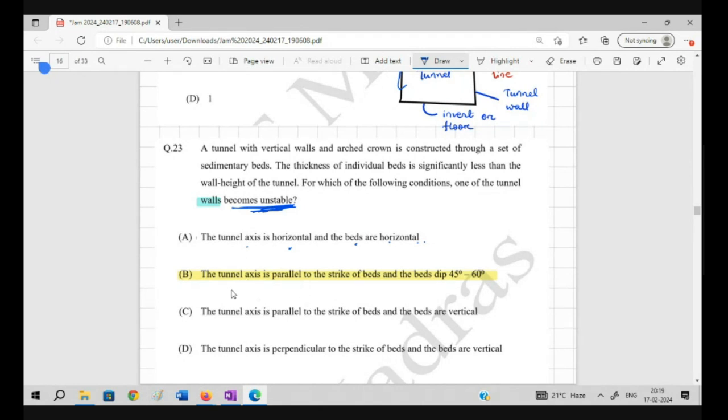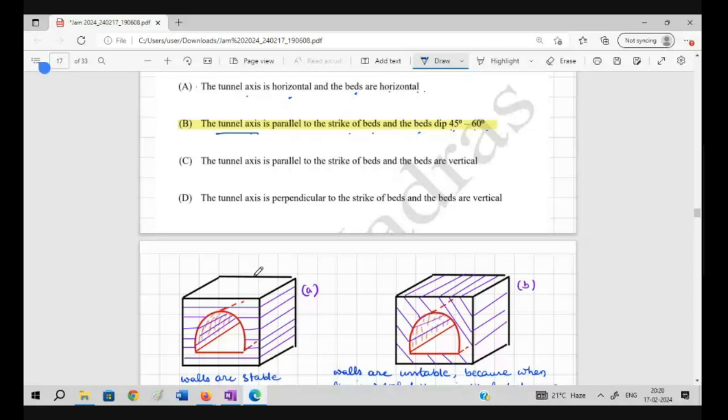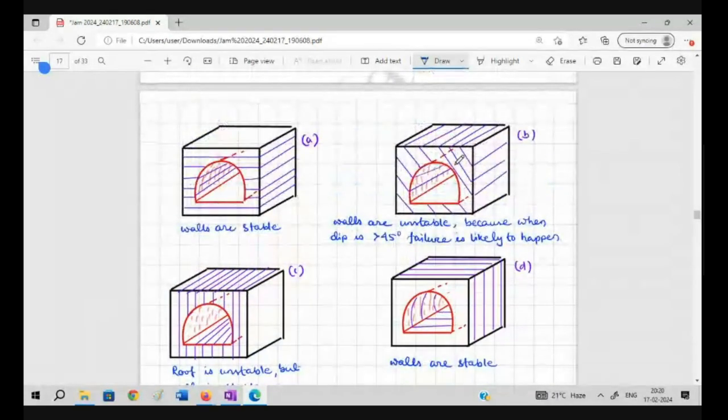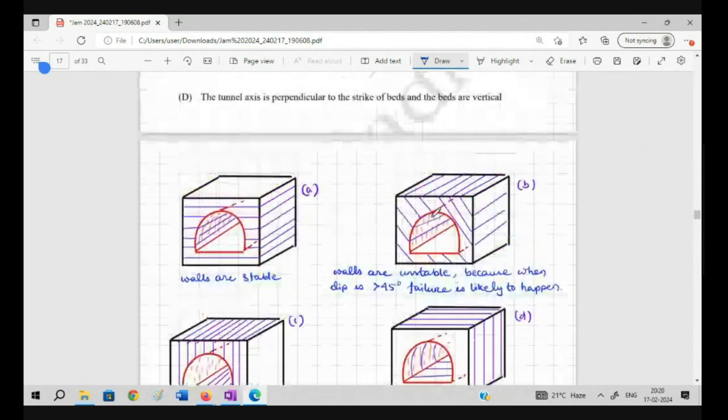Now it is asking: the tunnel axis is parallel to the strike of the beds that dip 45 to 60 degrees. Let me show you. Suppose this one, you can see these are the dipping beds, and the tunnel is constructed parallel to the strike of the bed.